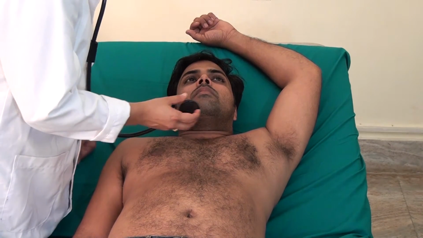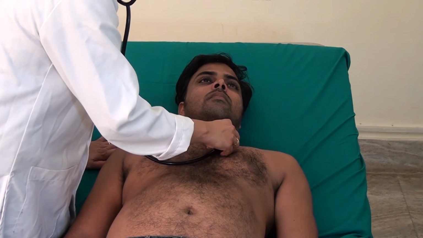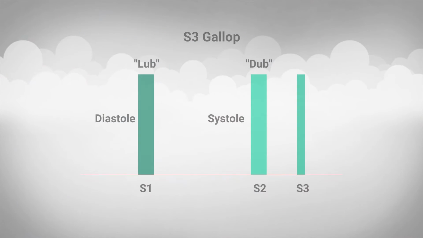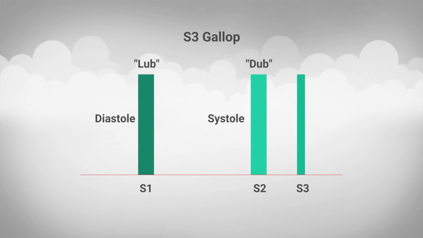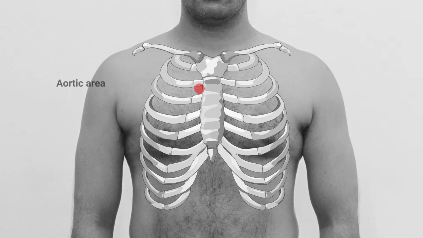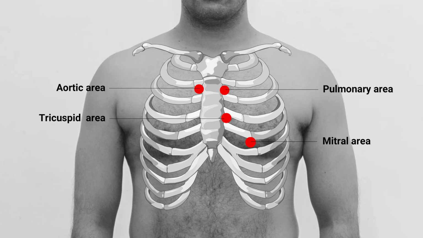Right ventricular S3 and S4 sounds, gallops, can be best heard in this area with the bell. Here the splitting of the first heart sound is best evaluated.